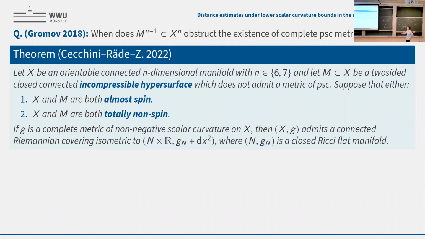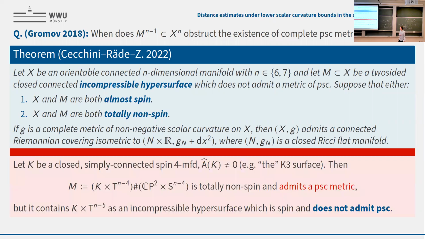So here we have these conditions that either X and M are both almost spin. Almost spin means that the universal coverings are spin. Or X and M are both totally non-spin, which means the opposite of almost spin. And it turns out that these two conditions are necessary. I'll probably not have time to explain this example now because I think I'm already over time.